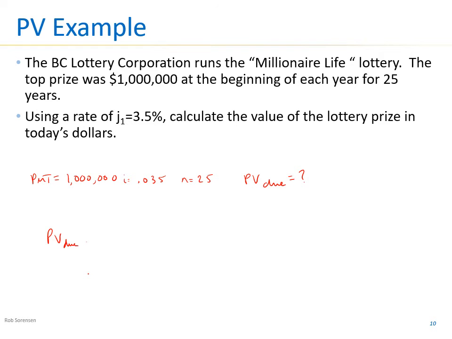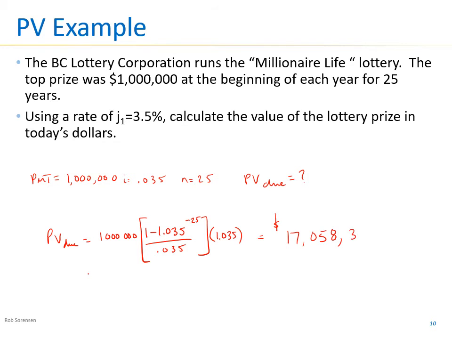Present value due, 1 million, brought back at the rate they gave us for 25 years, and then make our adjustment for an annuity due. If we work that out, we get $17,058,367.60. So the real value in today's dollars, if we use that discount rate, is that this lottery prize is about 17 million.